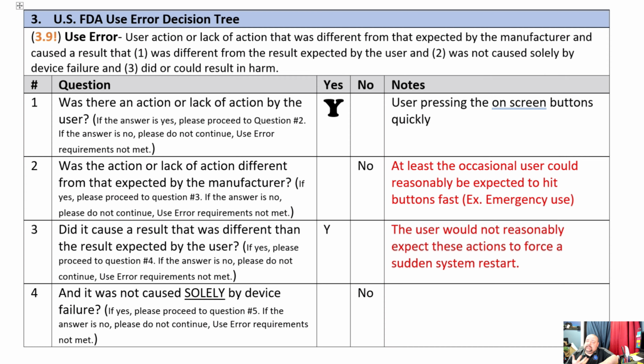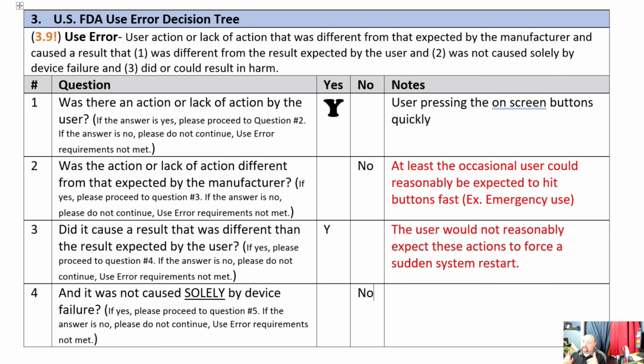And because I think you could realistically, maybe in the ER, maybe in an operating theater, there are emergency situations where you could be expected to make entries quickly. So rapidly pushing buttons, that's not an unreasonably expected interaction with the device user interface from the user, and the device is failing to process this reasonable interaction. Not that this is the way it's always being used, but that there are situations within normal use of the device that this may occur.